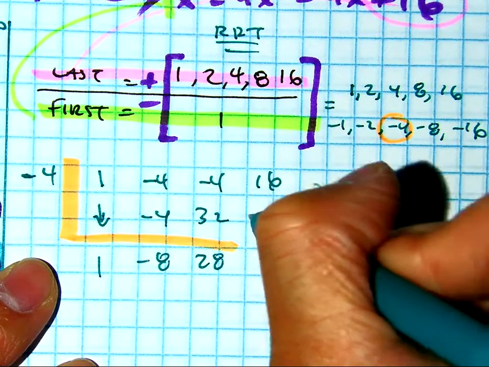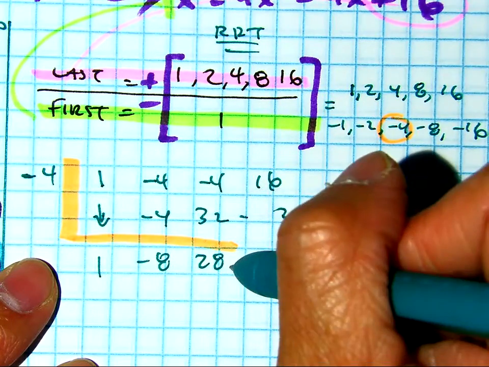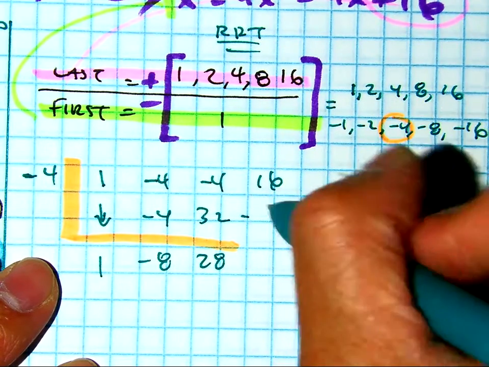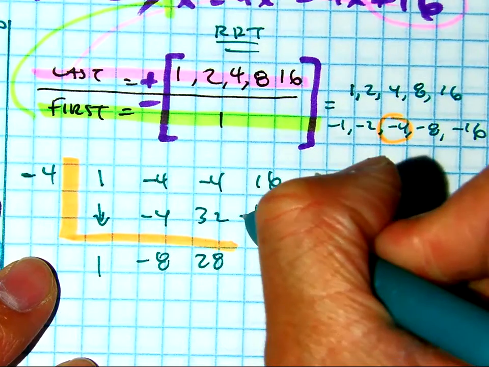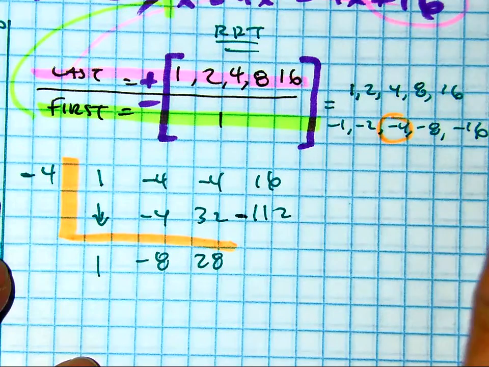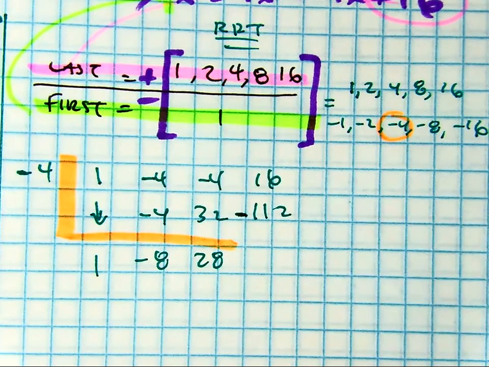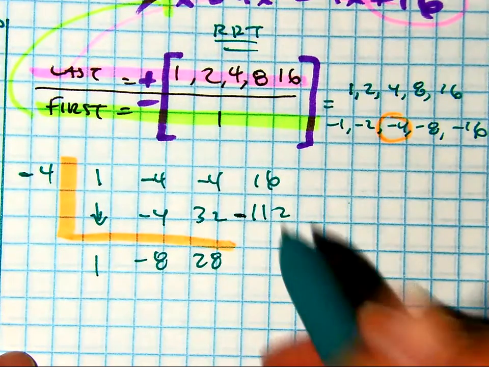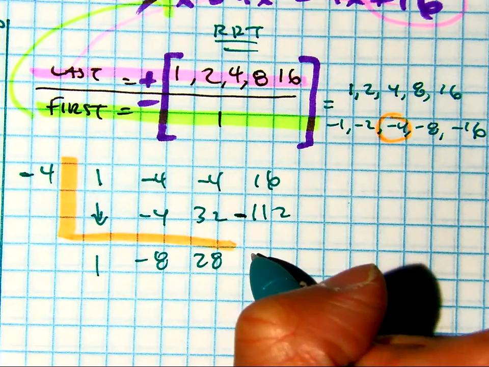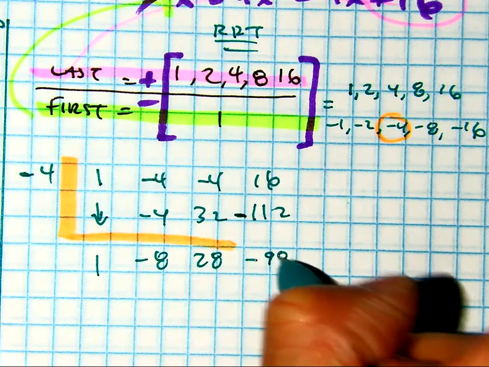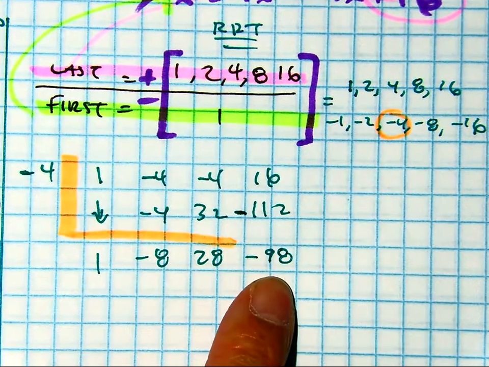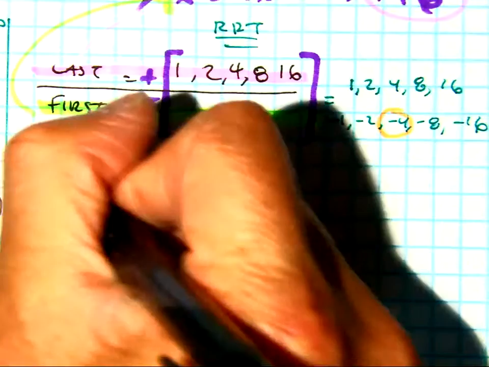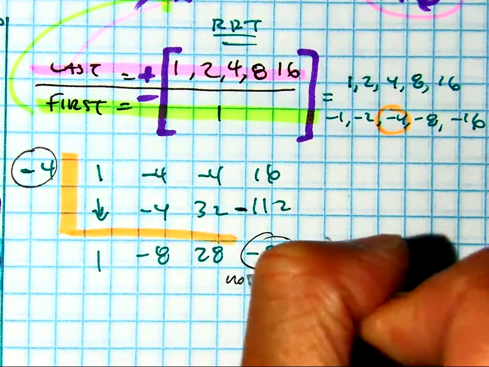Negative 2 extra 3. Negative 112? Is that right? Hey, is that right? Anyone? Verify. And if you add those down, what do you get? Negative. Class, is that equal to 0? Okay. What does that mean? Not a factor.